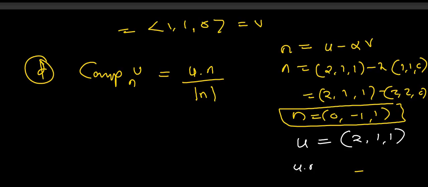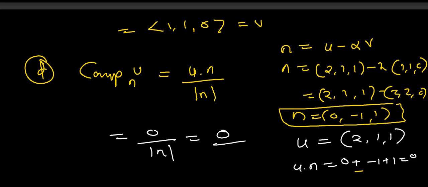So the dot product is 0, negative 1, plus 1, that gives us 0. Meaning the answer here is just 0. We don't care what N's modulus is, everything is just going to be 0. Whenever we get the component to be 0, it means that the vector U is actually orthogonal to vector N. You know what orthogonal means, right?